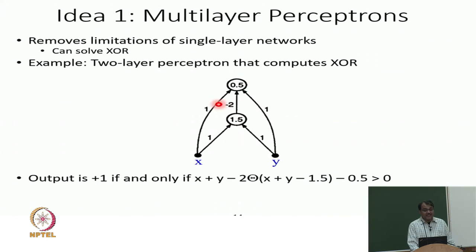In all other cases, this term itself would be 2, and the other terms would be either 0 in case they are different. If they are different, it will be 0, so that will be greater than 0.5, so you will send 1 out. In cases where they are both minus 1, then again they will be cancelling out, because it will be minus 2 minus 2, which will be minus 4, again it will not be greater than 0.5.